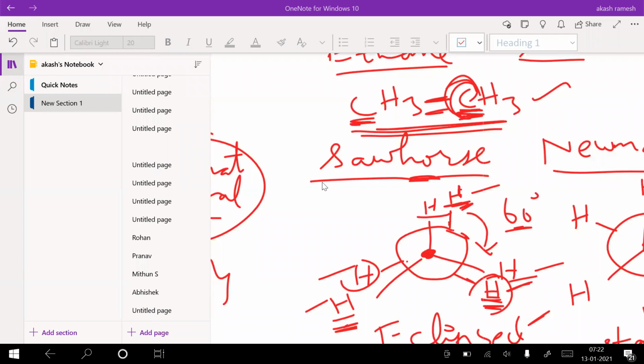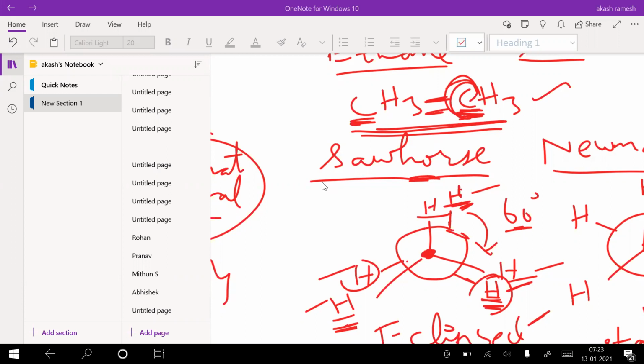Okay, so the reason is repulsions. When I place the groups in opposite places, the distance between them increases, so the repulsion between the bond pair of electrons decreases. Distance increases, repulsion decreases, so please remember this point.